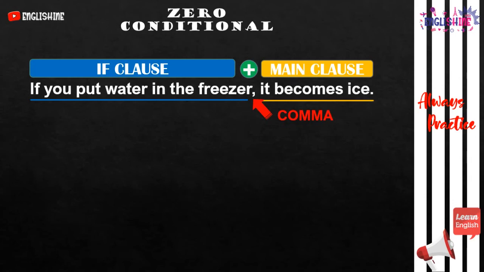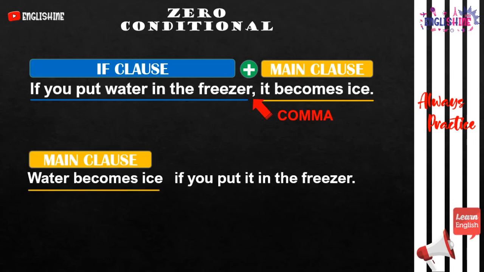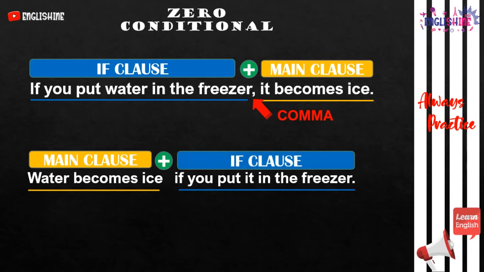This becomes, water becomes ice if you put it in the freezer. Water becomes ice is the main clause. If you put it in the freezer is the if clause. Those sentences have no comma.